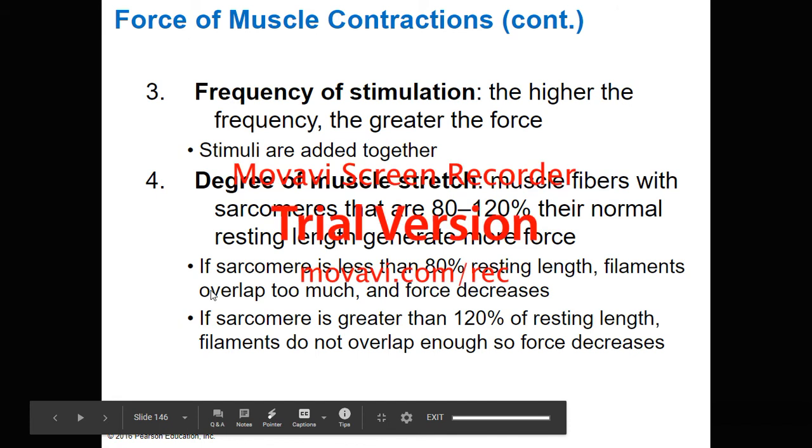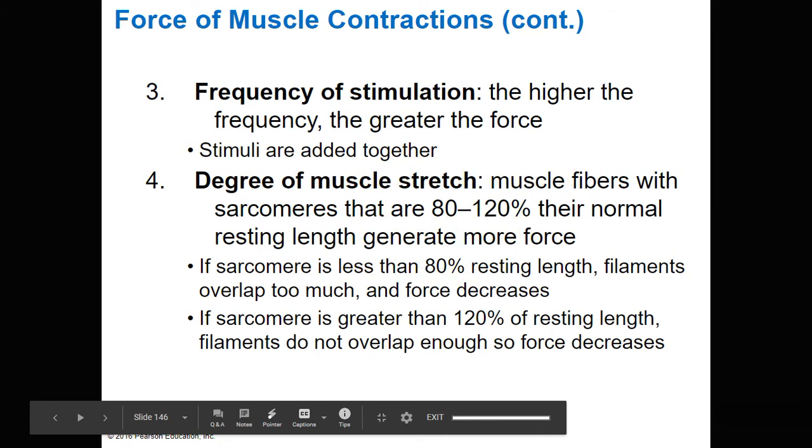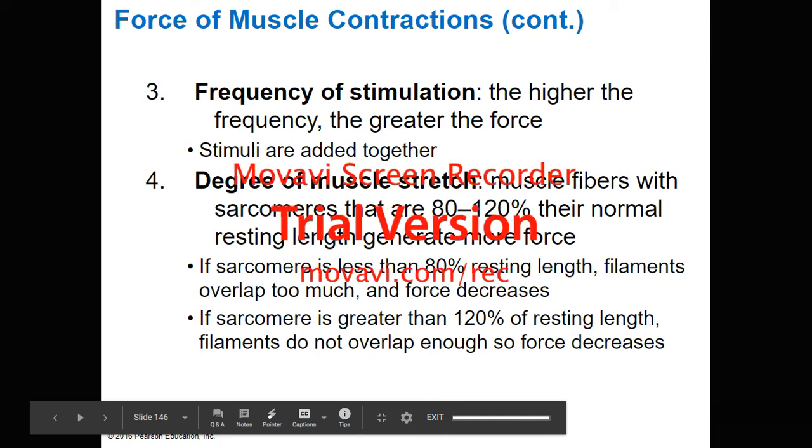I also frequency of stimulation. So the higher the frequency, the greater the force, and the degree of muscle stretch. So muscle fibers with sarcomeres that are 80 through 120% of their normal resting length generate more force. Okay, so if the sarcomere is less than 80% of resting length, filaments overlap too much and the force decreases.